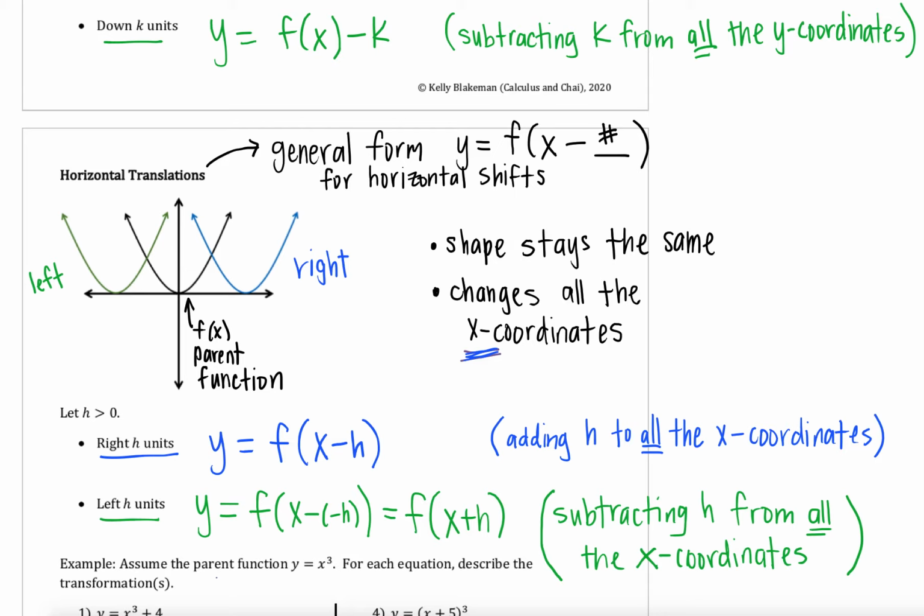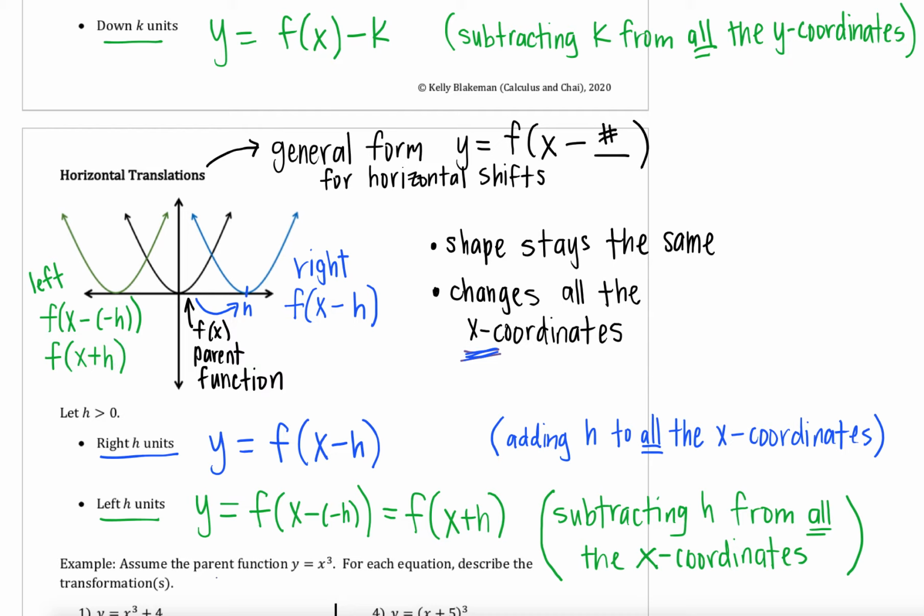So when we're moving to the right, we're starting with f of x minus, but because I want to move to the right here, I'm subbing in this positive value h, and that would move the graph over h units to the right. Versus if we sub in a negative number and we have f of x minus and we sub in a negative h value, when we simplify that, we get f of x plus that h.